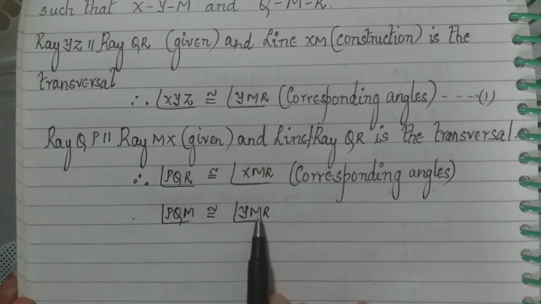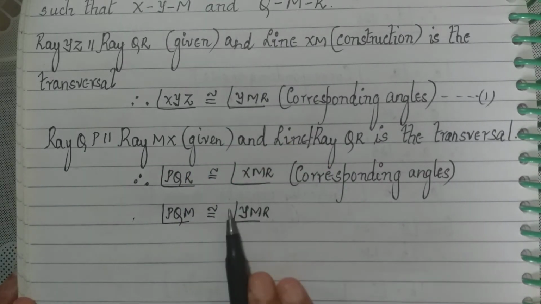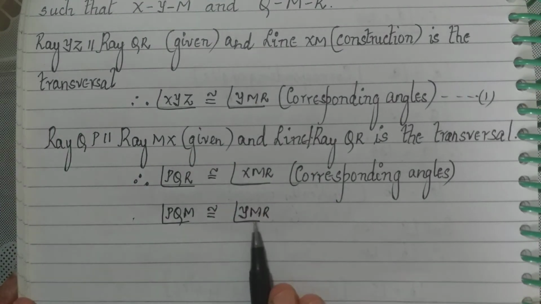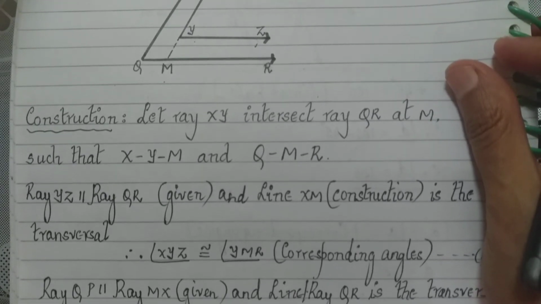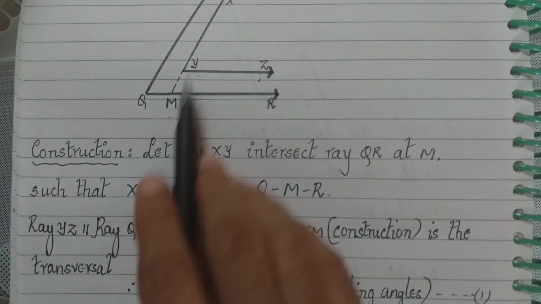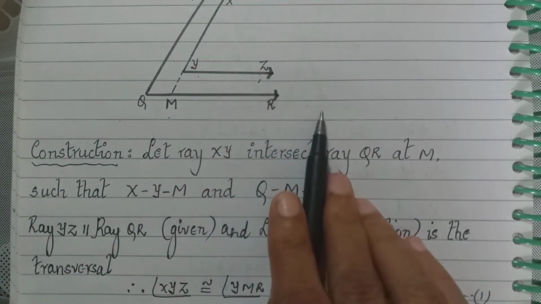Now if we look at this pairs of angles and this pairs of angles, do we see angle YMR is the same here and here? Okay, now when we have written angle YMR, why did we write? Because we want one set of angles which were common. But how did I get XMR as YMR?